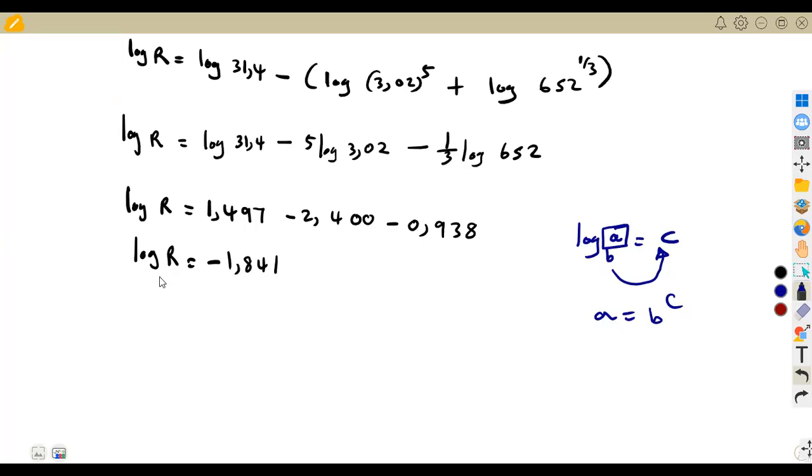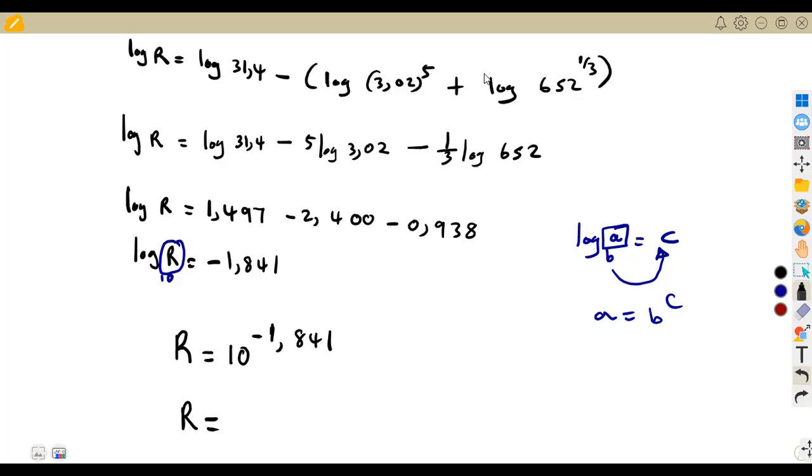So to find this r here, the one that we have to calculate, it follows that our r is going to be equal to 10 to the exponent of the answer that you're given. You are now removing the log, that is the antilog. So that's 10 to the exponent of negative 1,841. All right, so this is going to give us the value of r in that case.